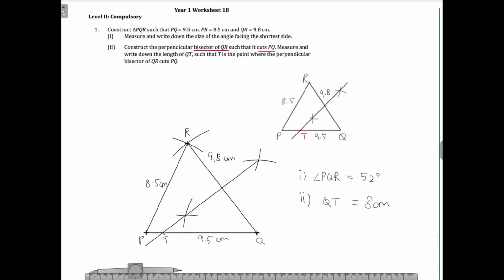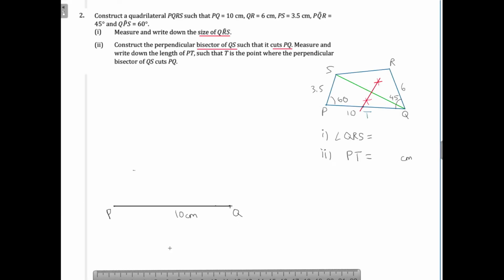We now move on to question 2. Once again, we underline the important facts and draw the rough diagram. We must first construct the angle by measuring it, 45 degrees.